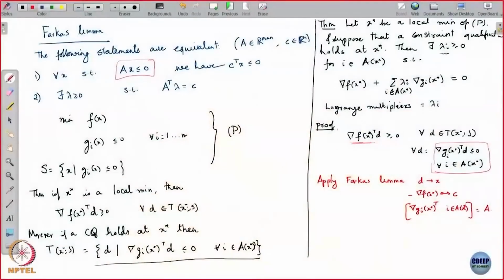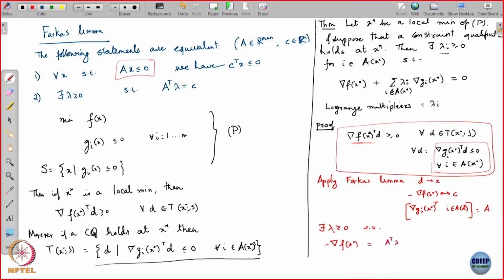Now, what does Farkas lemma tell me? It tells me that the condition in the box holds, which is equivalent to there existing lambda I greater than or equal to 0 such that c, which is minus grad f at x star, is equal to A transpose lambda.